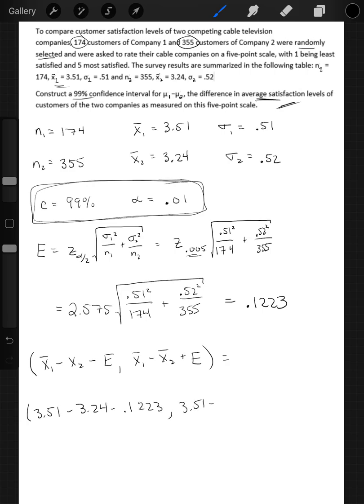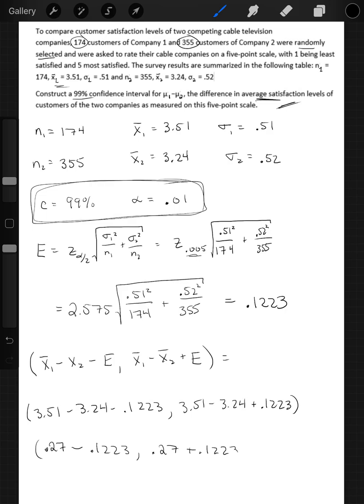And 3.51 minus 3.24 plus 0.1223. So let's do this in pieces. This is going to get 0.27 minus 0.1223. And this is also going to be 0.27.